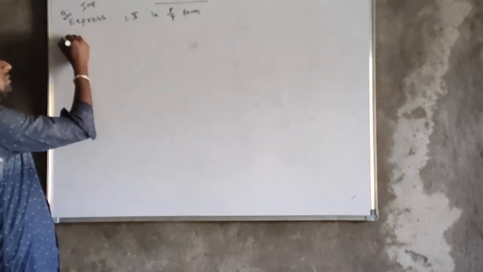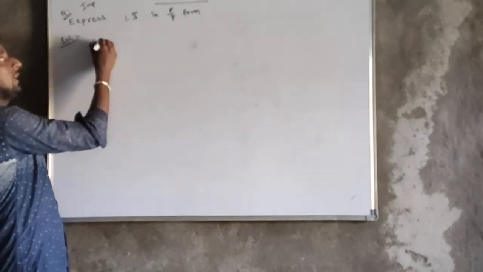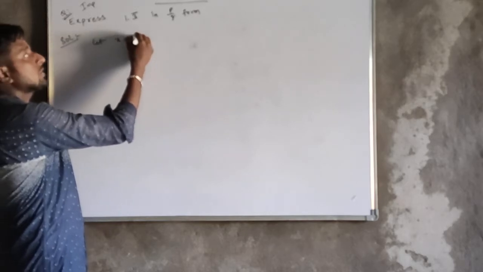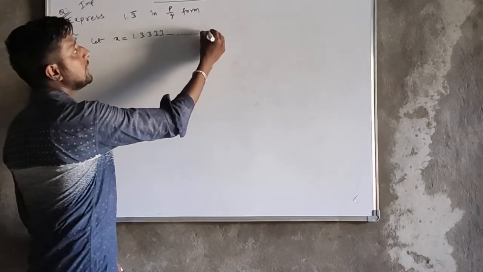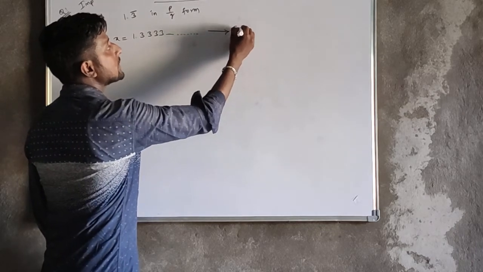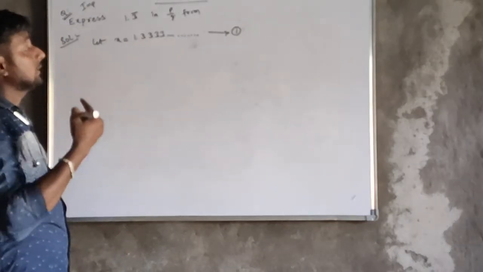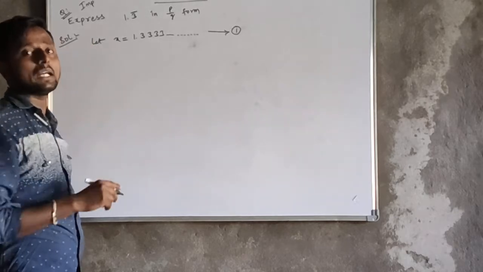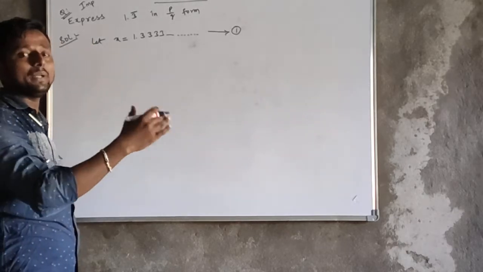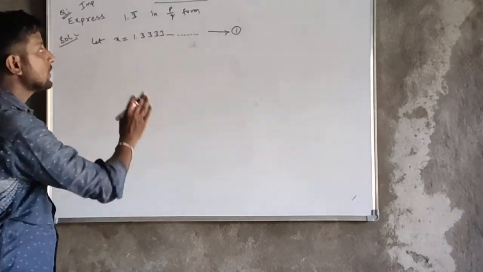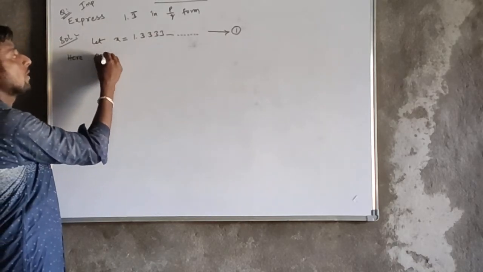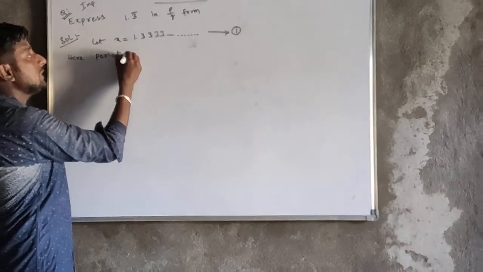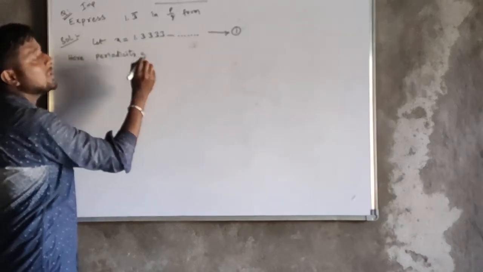Now solution is, let x is equal to 1.33333333 and so on. That is our equation 1. I said already, the digit which contains the bar, that digit will repeat continuously. Here periodicity, how much periodicity?